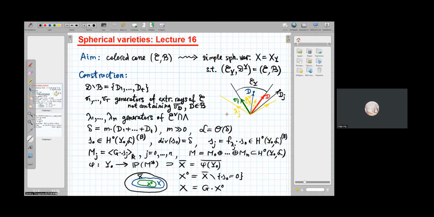Let it be this one. And I take lambda to be the linear function on the space E defining this hyperplane. So this is the direction vector for lambda, like this. This will be lambda.